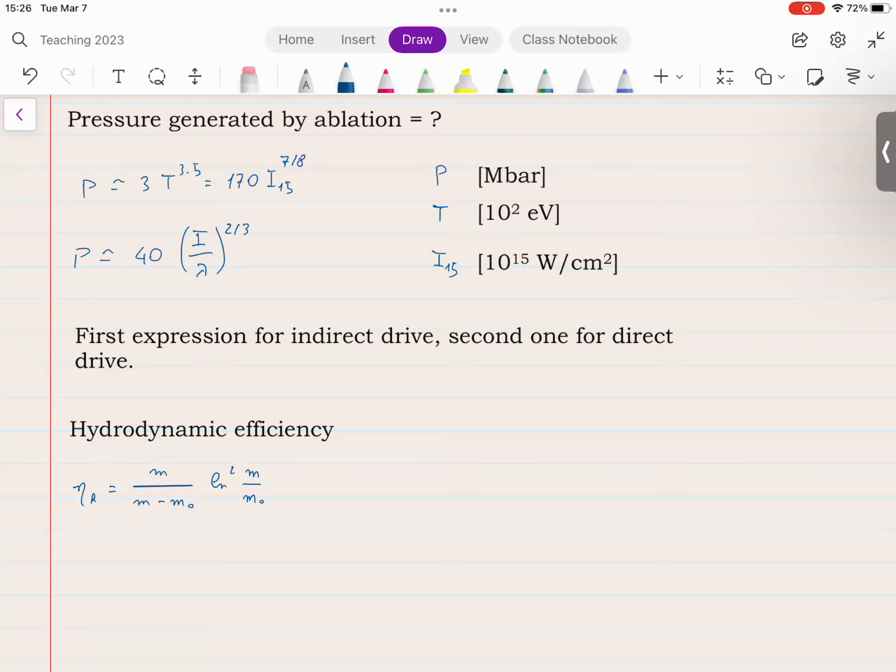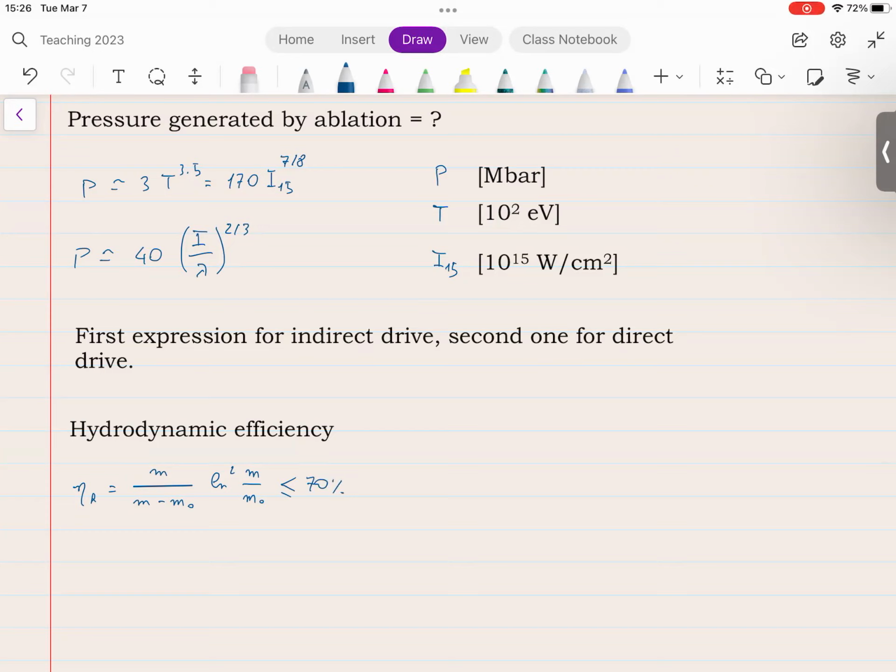And in a very idealized case, you can get to 70%.